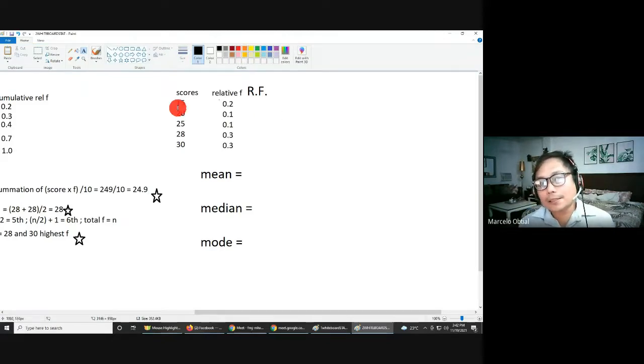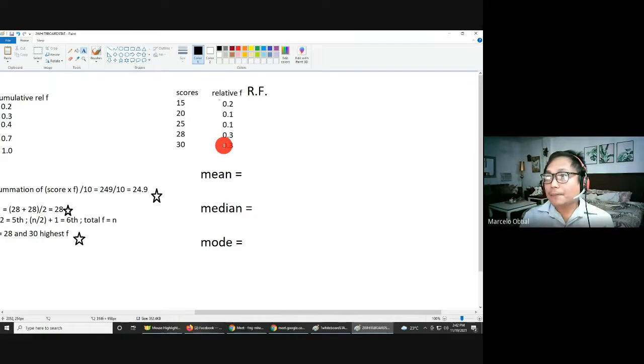Okay, can look at this decimal, no? This is 0.2. Okay, we are taught how to read this properly during elementary. This should not be read as 0.2. Correct, class? It should be read as 2/10. Okay, this should not be read as 0.1. It should be read 1/10. Okay, 1/10, 3/10, and 3/10.